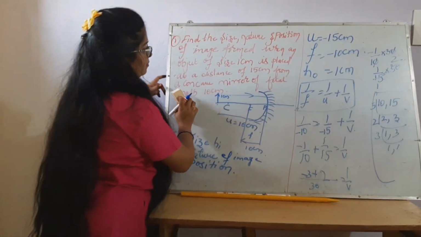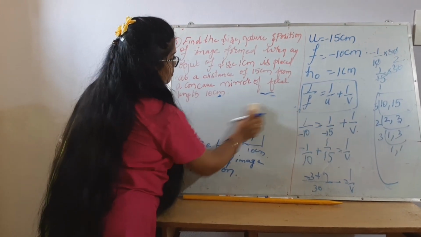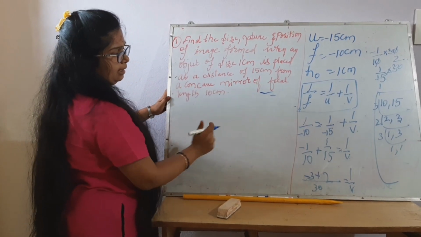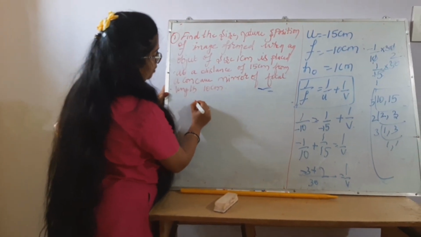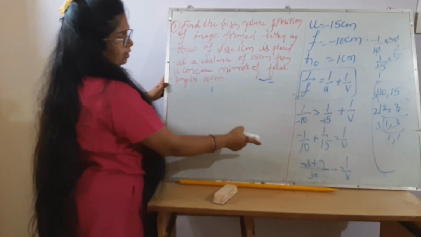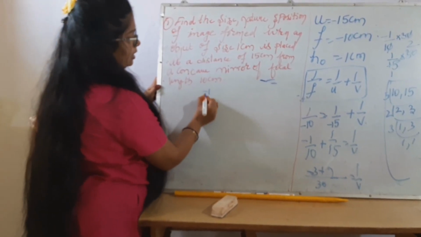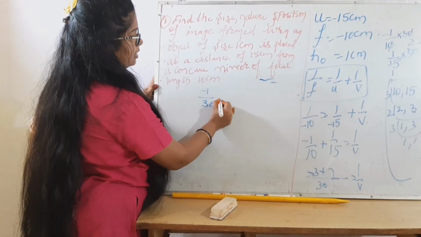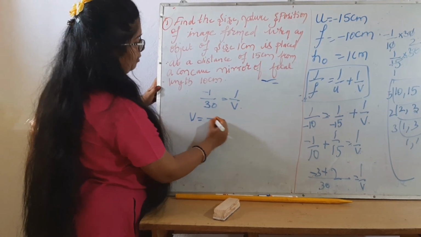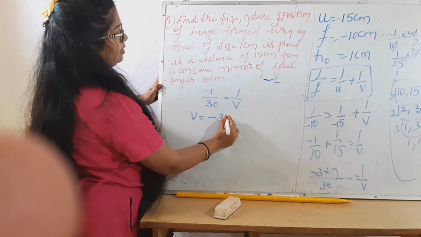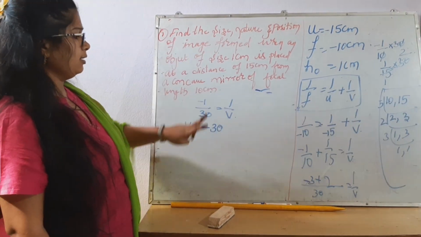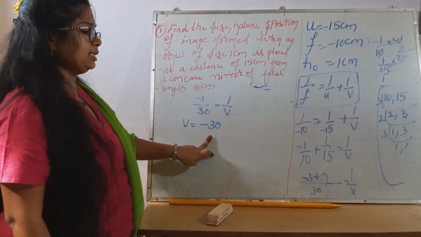Now minus 3 plus 2 will give you what? The numbers have opposite signs, so you need to subtract. Which one is greater? Minus. Minus 1 by 30 is equal to 1 by v. So v is equal to how much now? Minus 30. Then what is u? u is minus 15, v is minus 30.